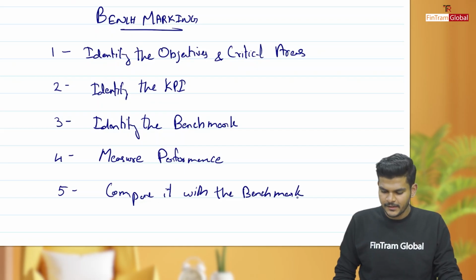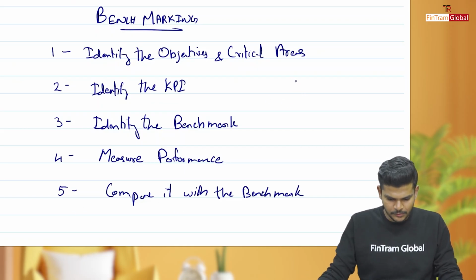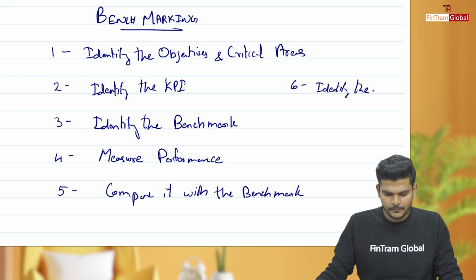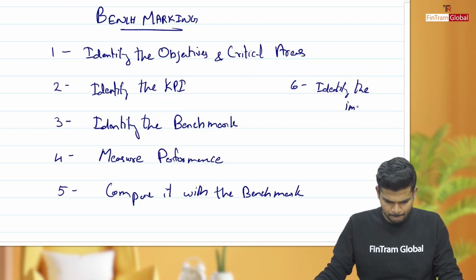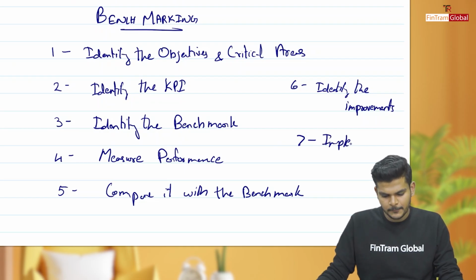Okay, folks, these are the 5 steps. And then, of course, the 6th step, I'll just write it over here, would be to identify the improvements, right? And then what? You have to implement and monitor the improvements.